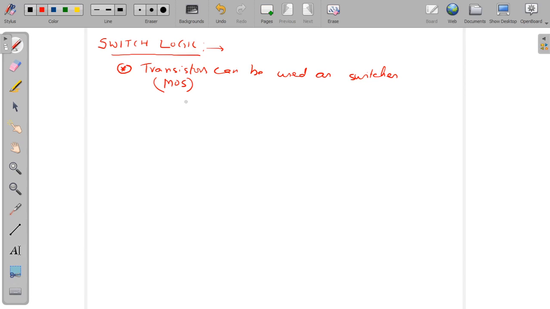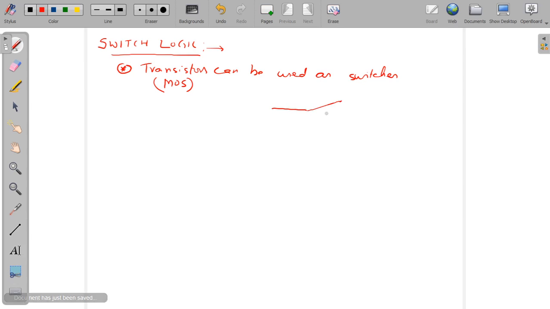We can visualize this as the function of a simple switch, which can have just two states, either an on state or an off state. On can be regarded as a logic high level, and off can be regarded as a logic low level.